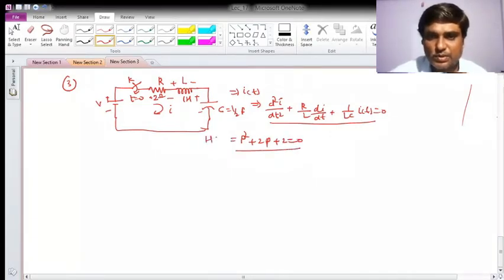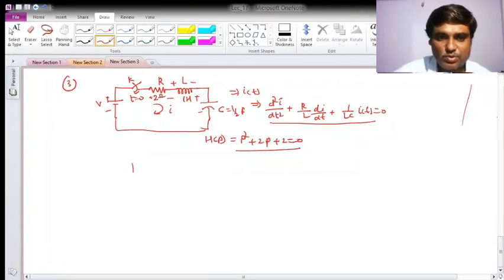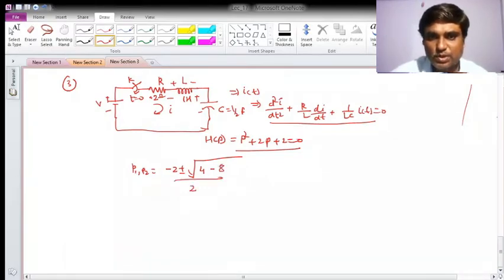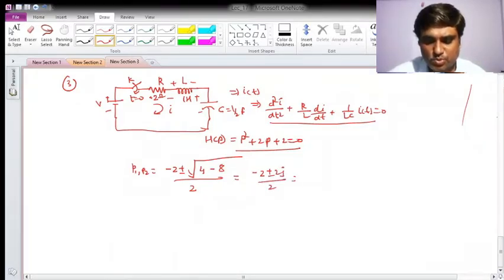This is 0. Now the next task is to find the roots, so p1 and p2, which will be minus b plus minus square root of b square minus 4ac, that is 8, divided by 2. Now observe that this is greater than this, so there will be a negative radical, so it will be minus 2 plus minus 2j over 2, so the roots are minus 1 plus minus j.